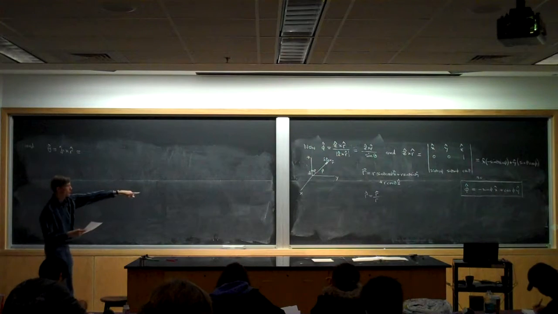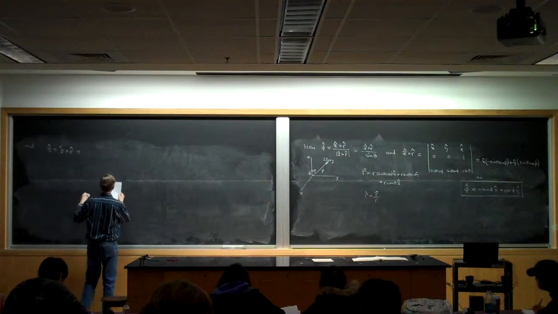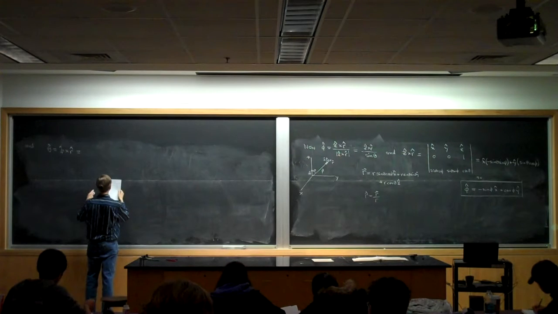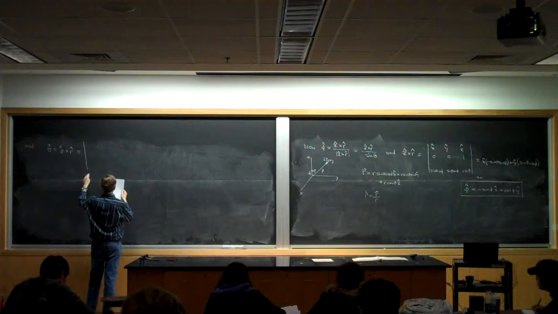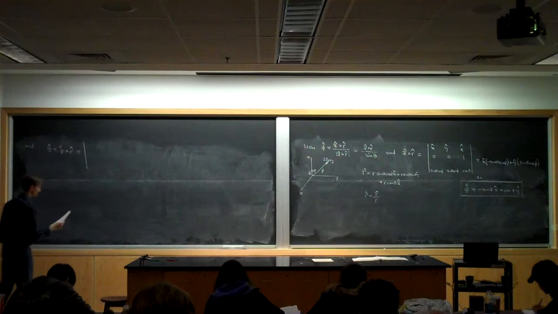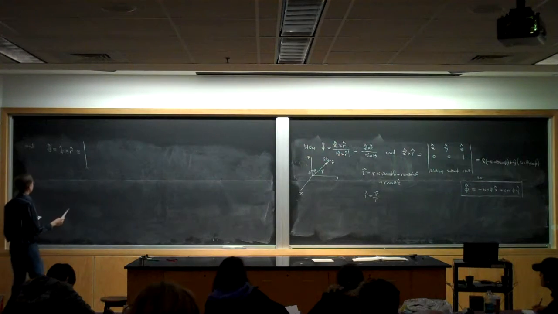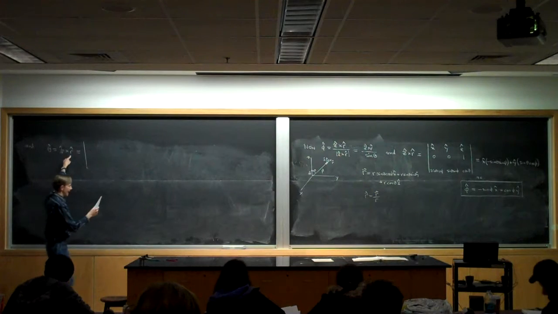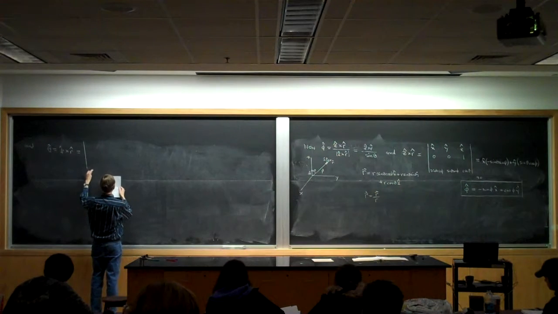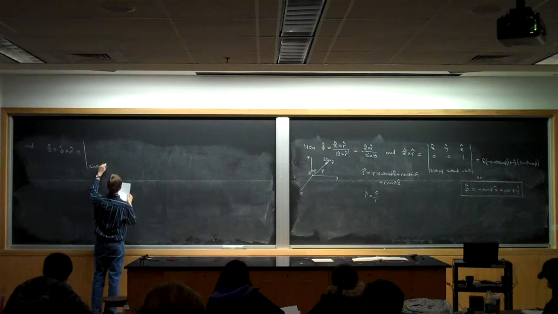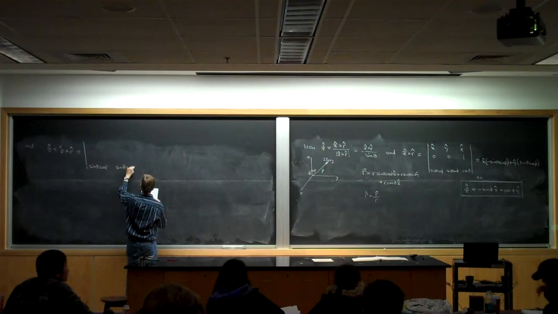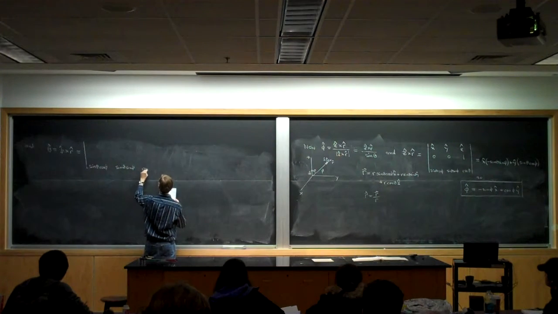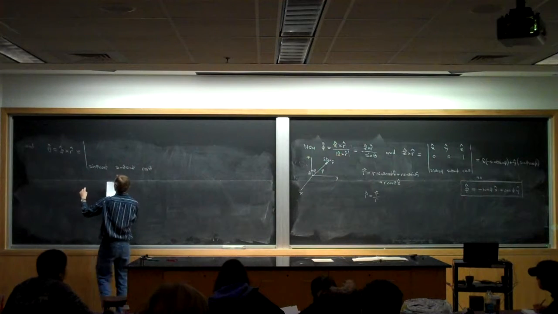But now we know what the components of phi hat are, and we already know what the components of r hat are. So I'm going to write the bottom row first because that's the biggest thing there. The components of r hat haven't changed since we last met them: sine theta cos phi for the x component, sine theta sine phi for the y component, cos theta for the z component.